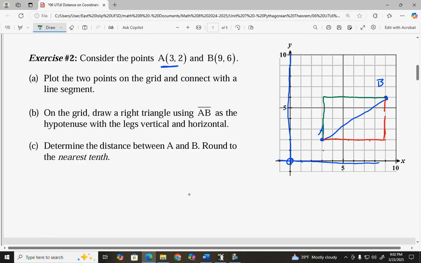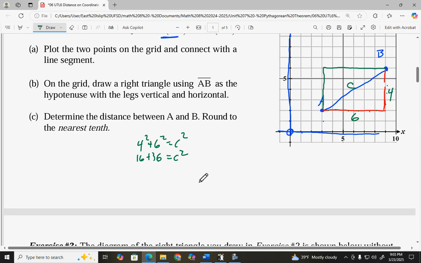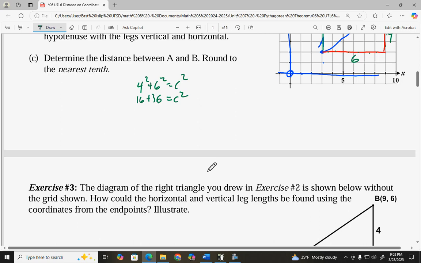1, 2, 3, 4, 5, 6, and 1, 2, 3, 4. This is labeled C. So 4 squared plus 6 squared equals C squared. 16 plus 36 equals C squared. Sixteen and 36 is 52.